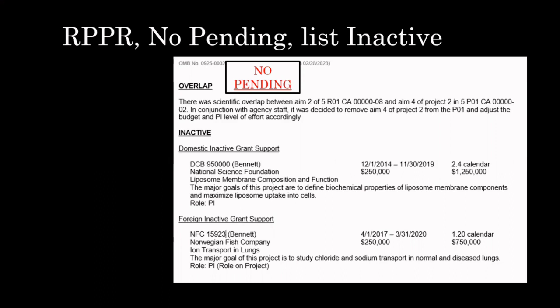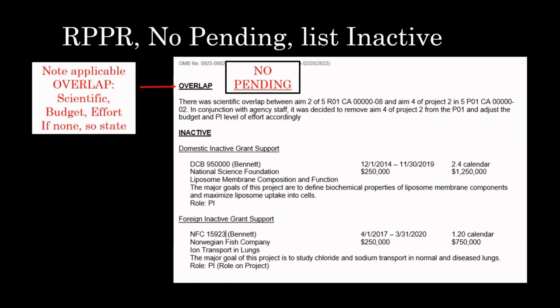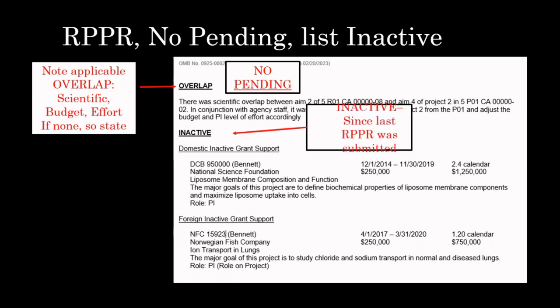You would simply just cut and paste that into inactive and note that it was inactivated with the dates and the information. And also you want to note any applicable overlap. Is there any scientific, budget, or effort? And again, if none, state so. And like I mentioned, this would be inactive since the last RPPR was submitted.